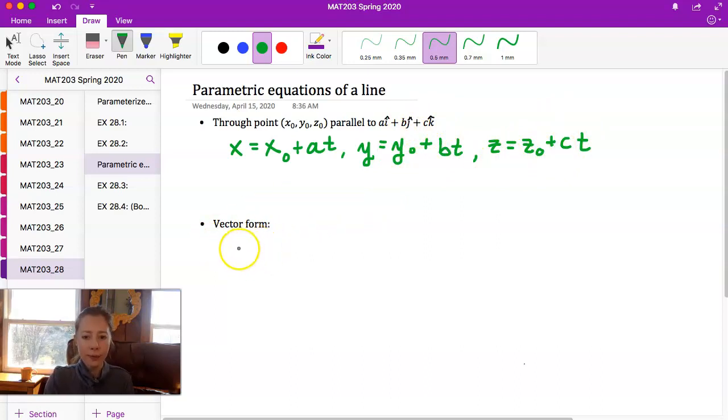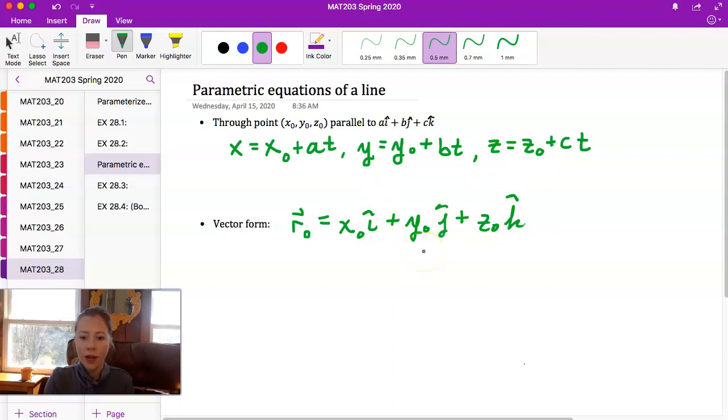So in vector form, this would be written as follows. Say we had some initial position vector r naught, which is x naught i hat plus y naught j hat plus z naught k hat. So this is our initial position, just the coordinate.